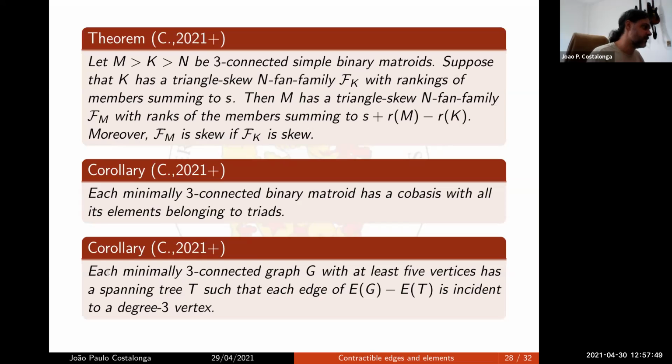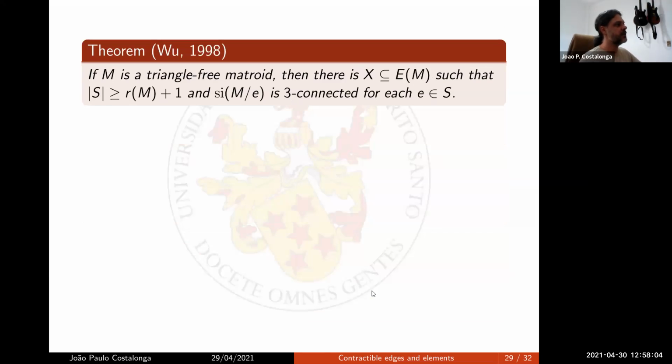Now the version for graphs: each minimally 3-connected graph with at least 5 vertices has a spanning tree such that each edge not in the spanning tree is incident to a degree 3 vertex.